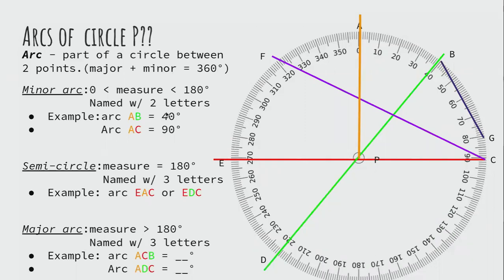If the minor arc is 40 degrees, from A to B going to the right, then the major arc going from A to the left, passing C and ending at B would be how much? Remember, the two together should total 360. So if the minor arc is 40, what's the measure of the major arc?